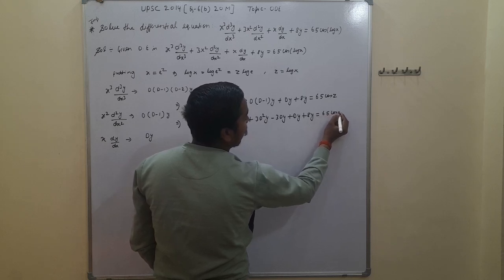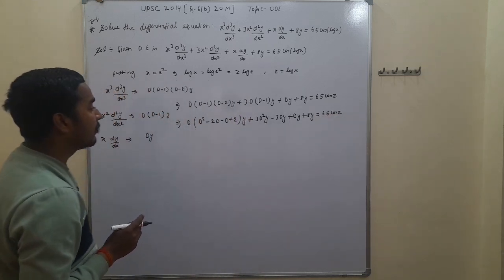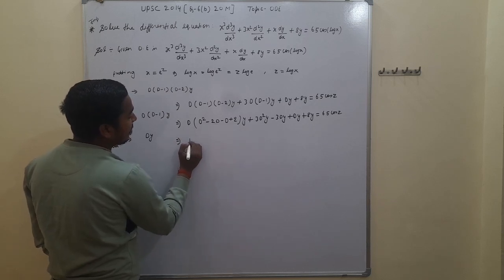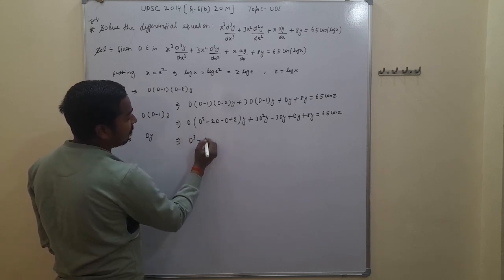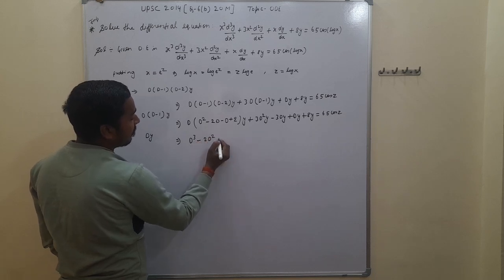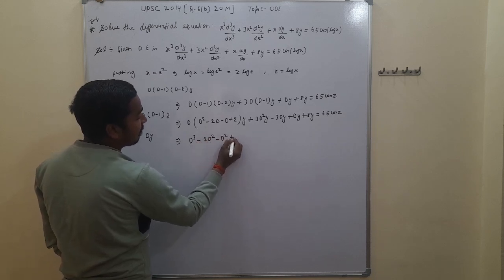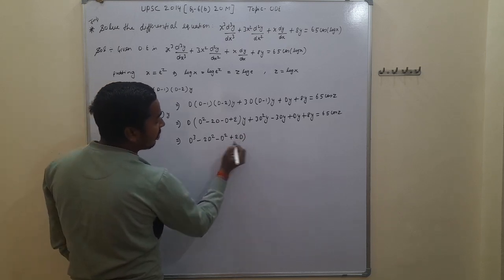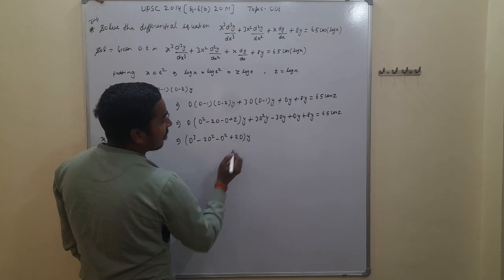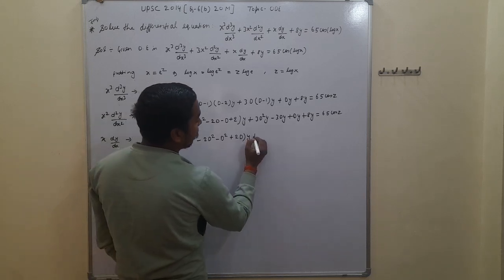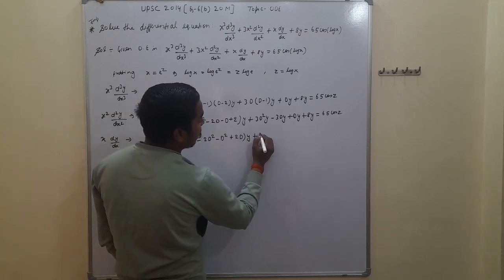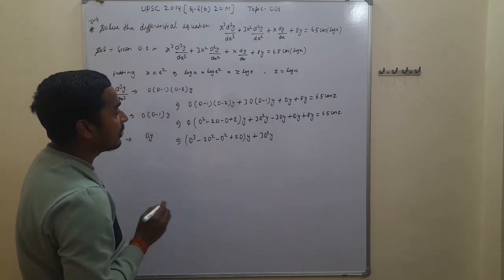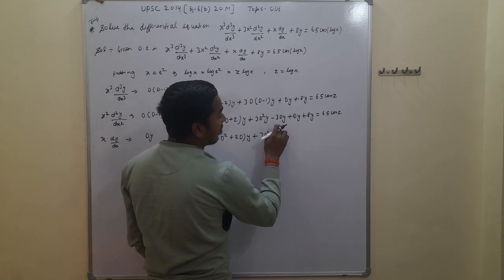Further we multiply D with this bracket, which gives D cube minus 2D square minus D square plus 2D, into y, plus 3D square y, and minus 3Dy plus Dy.